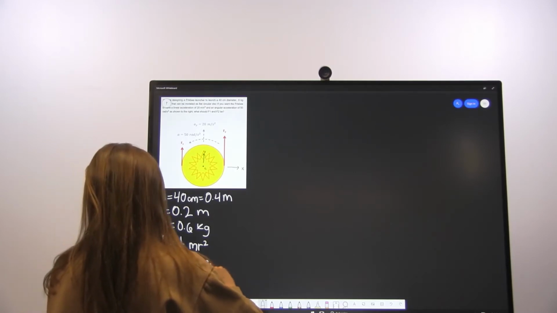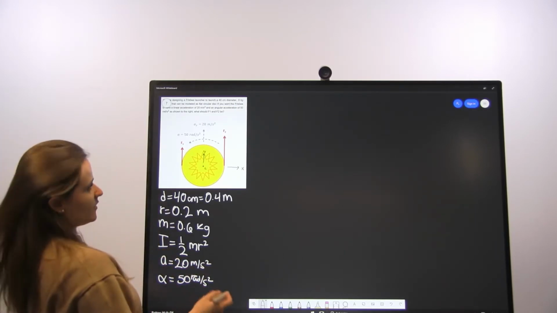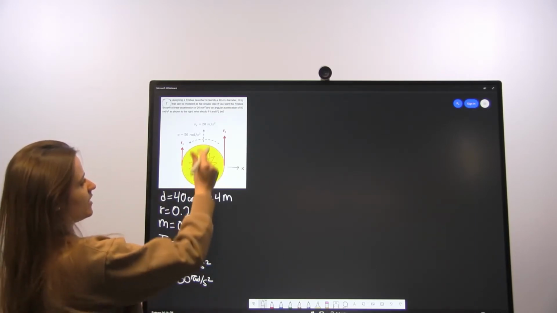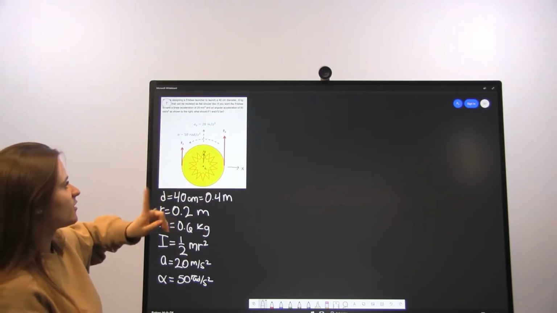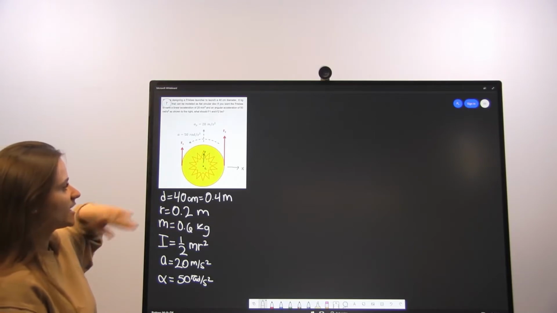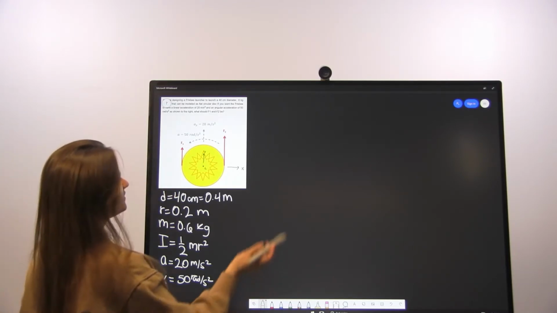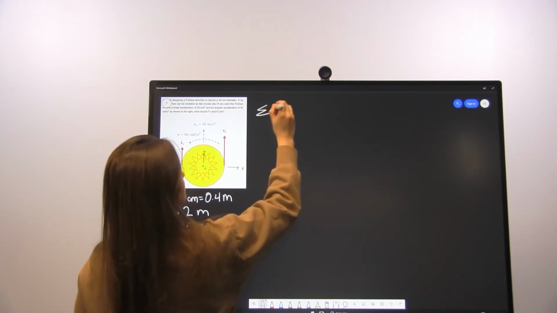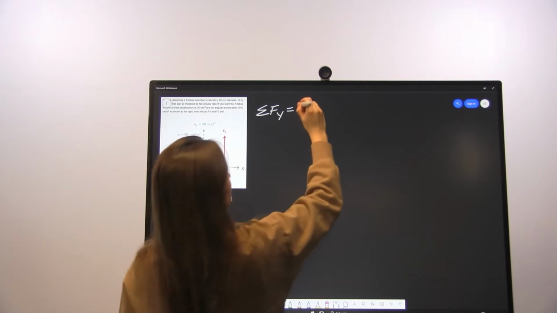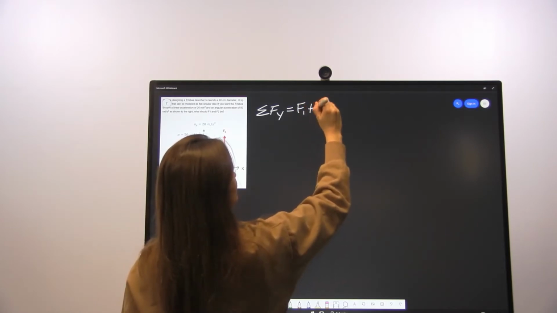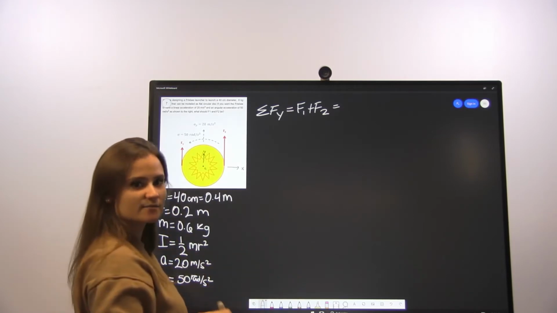So we're going to write our equilibrium equations. We're going to note that the C point is the center of the frisbee, the y-axis is acting up, and the x-axis is acting to the right. Our net forces in the y direction are what we want to focus on. So we have force 1 plus force 2, and that is equal to mass times acceleration.